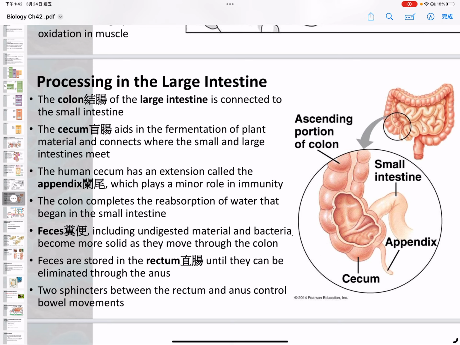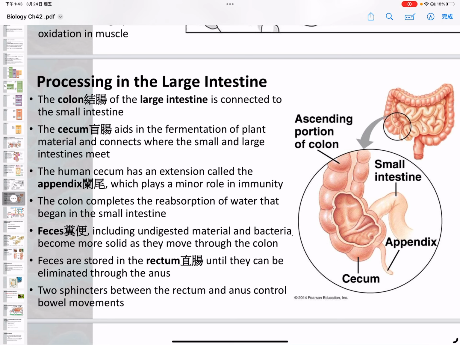It includes some undigested material like cellulose fiber and some bacteria, and it becomes more solid as it moves through the colon. And the feces are stored in the rectum until they can be eliminated through our anus.